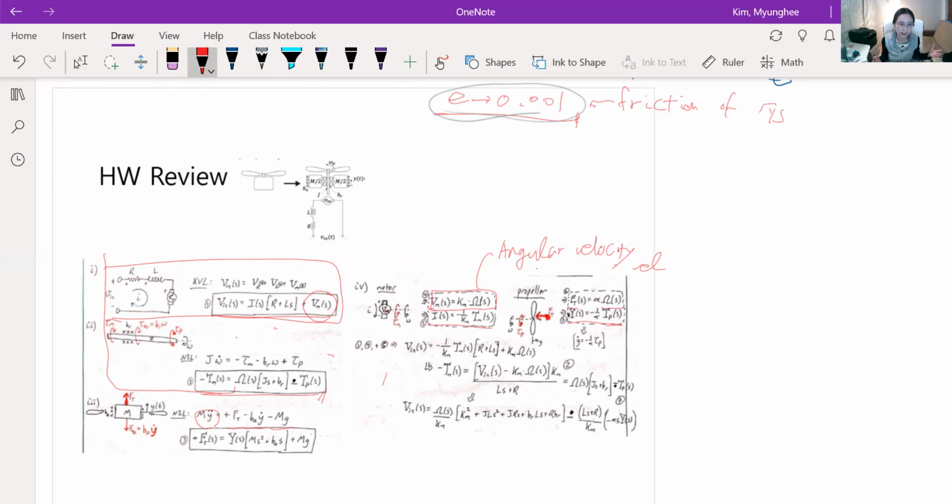That is the motor side. And then the motor torque, which is this part, will drive the motor and overcome the friction, and also drive the propeller. So if we arrange this equation, you will get exactly this equation.